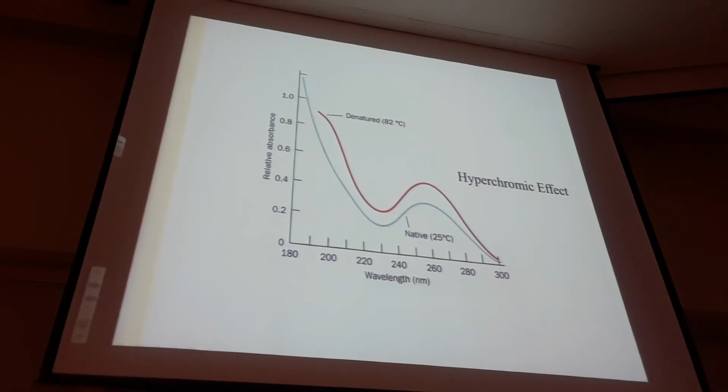The absorptivity, so the extent by which these molecules absorb light in this wavelength range, is different. And we have a higher absorptivity here for the single-stranded state. So we have more absorbance, more color, and we can call this effect, for that reason, hyper.